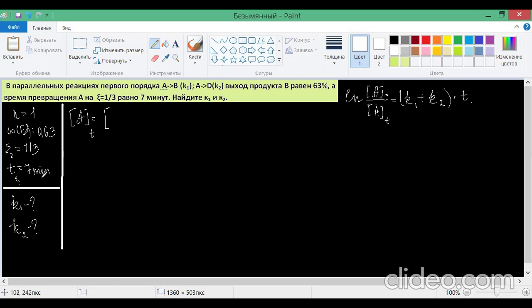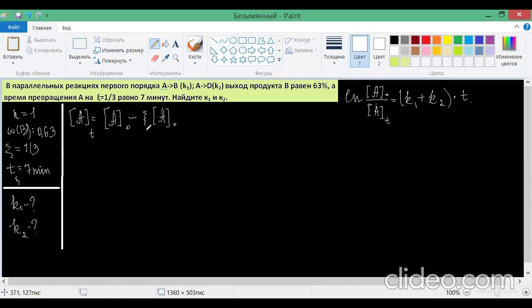We know that when the time is 7 minutes, a third of the initial concentration transforms. That means that the rest of the concentration, what we got by 7 minutes, is equal to the initial concentration minus that of A which has been transformed, right? And this is the coefficient of proportionality, psi.